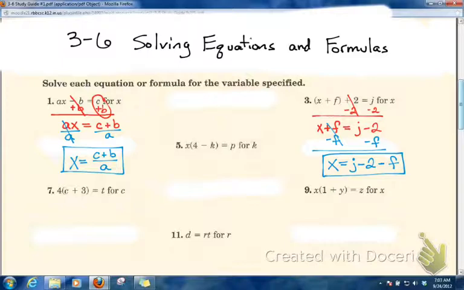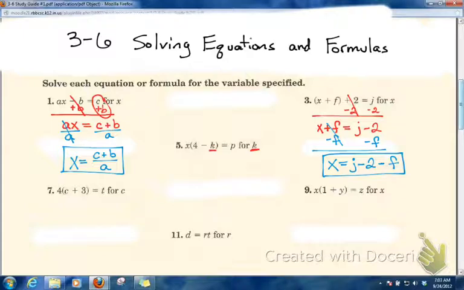Looking at example number 5 here, we have the distributive property in this problem. x times the quantity 4 minus k, but we're not going to distribute, we're just going to remember that distributing means multiplication. So we're trying to solve for k.